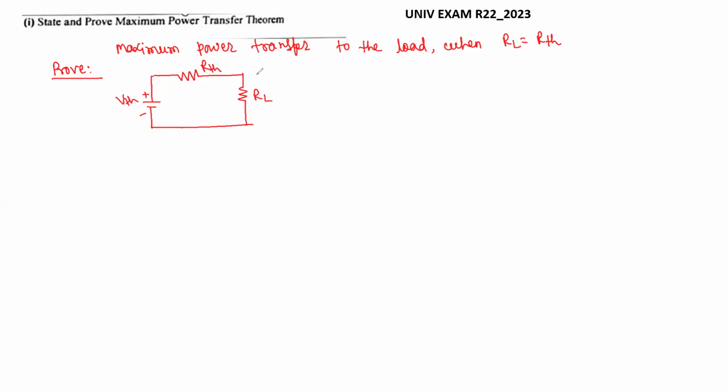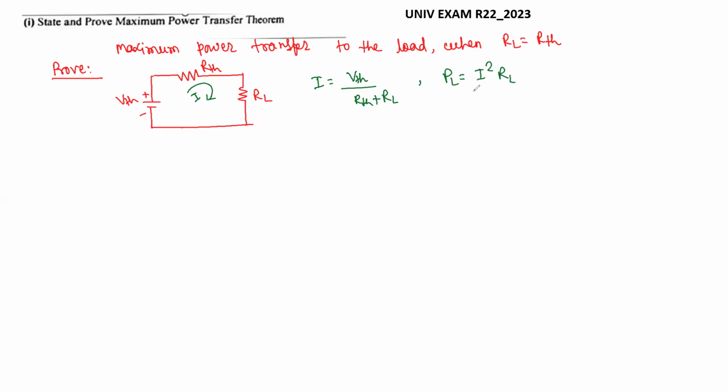For that, first of all, we have to find what the current will be here. So if we try to calculate, what will be the value of I? I will be given as VTH by RTH plus RL. And if you see power in terms of current and resistance, the power at load resistance we will try to find. So PL will be equal to I square into RL.